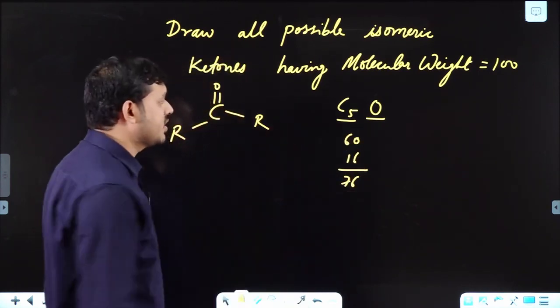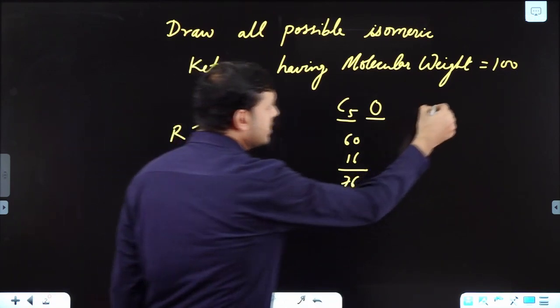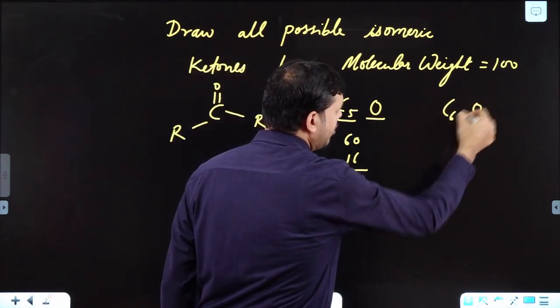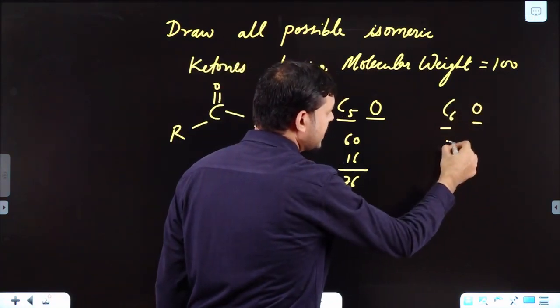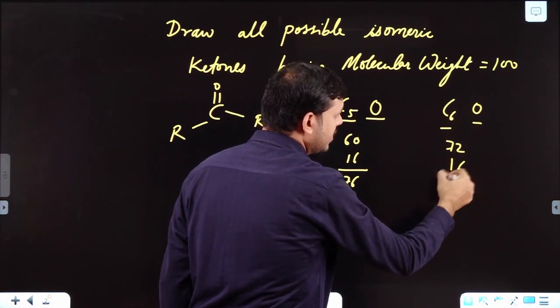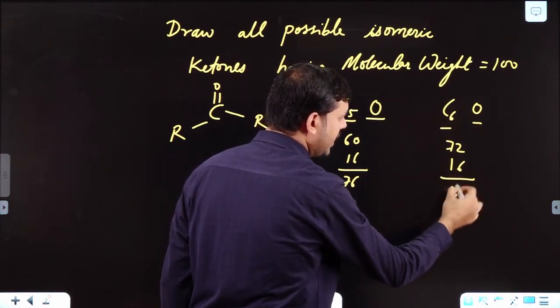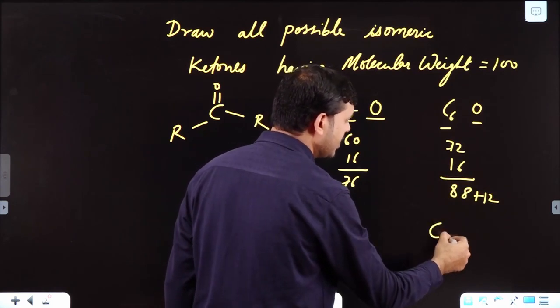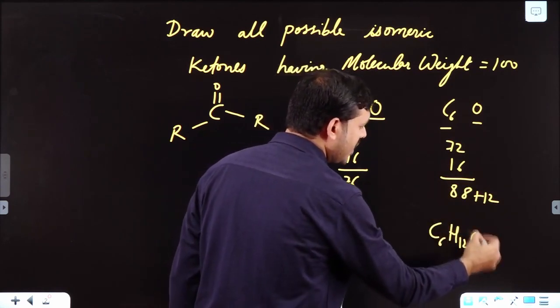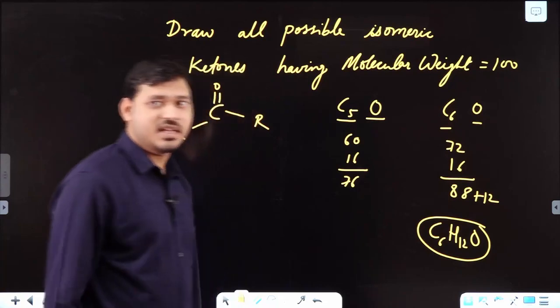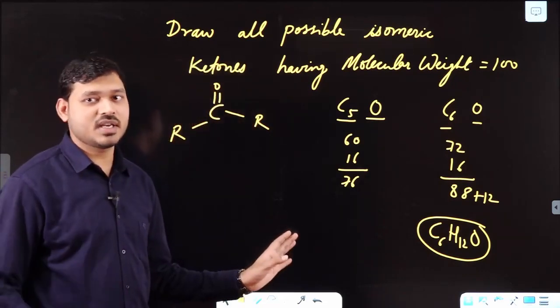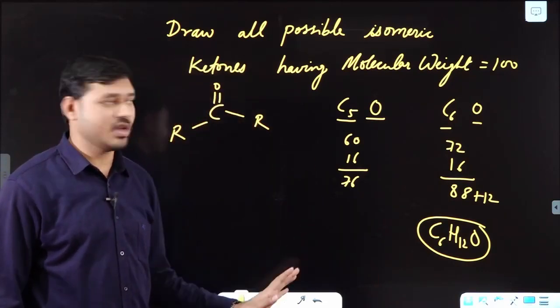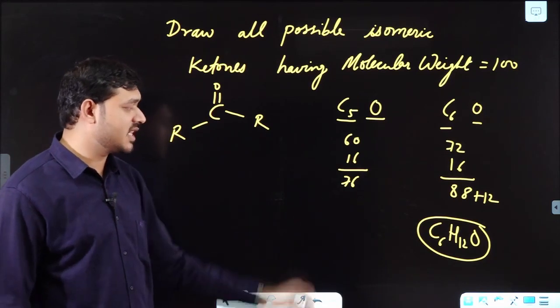No, that much hydrogen will not be there. Let us suppose C6 O. Then 12 sixes are 72 plus 16 is 88 plus 12. Yes, it is possible. So there is a possibility of C6H12O. In this way, first of all you have to understand which is the possible compound. Now our compound is fixed, C6H12O.